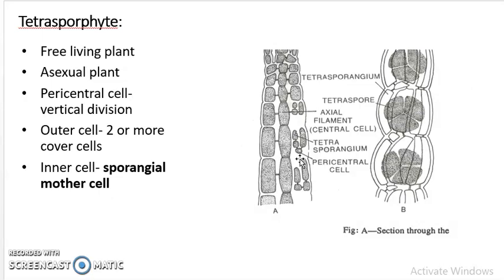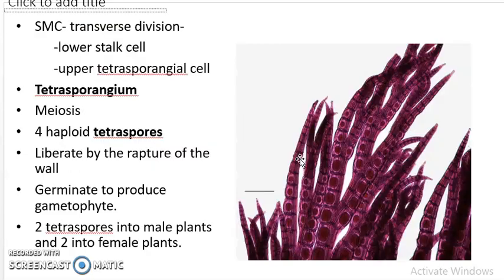Okay. Each pericentral cell divides vertically to form an outer cell and an inner cell. The outer cell divides to form 2 or more cover cells, whereas the inner cell has the role of sporangial mother cell. The sporangial mother cell divides transversely to form a lower stalk cell and an upper tetrasporangial cell. The tetrasporangial cell functions as the tetrasporangium.